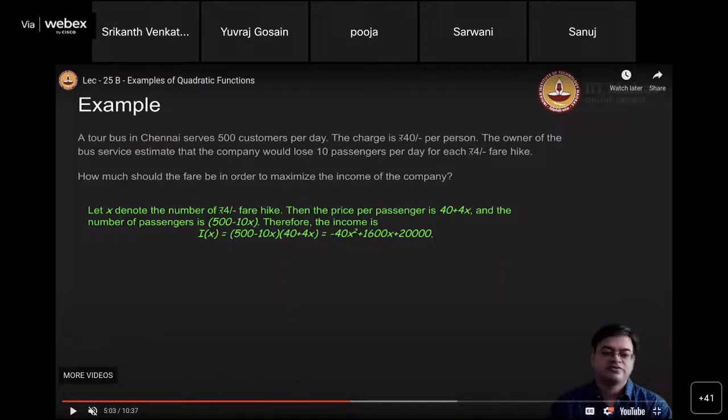So you have to find the x coordinate of the vertex of this equation. That x coordinate will give you the x value for which you get the maximum profit.